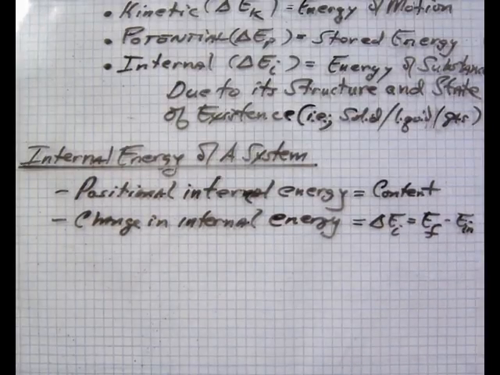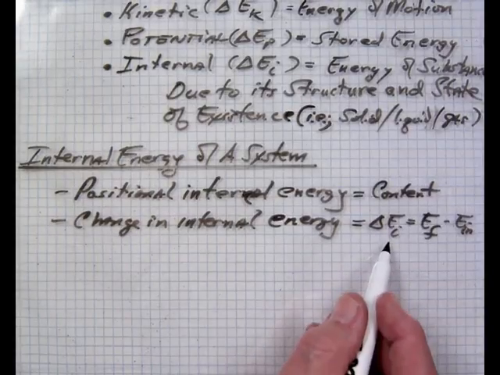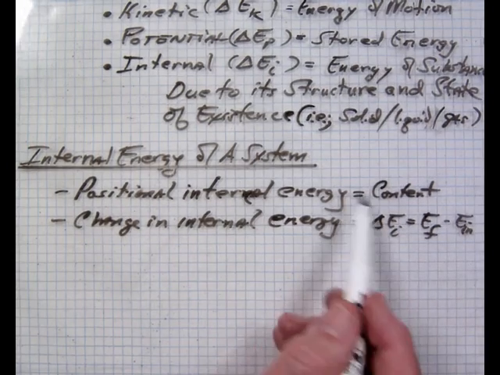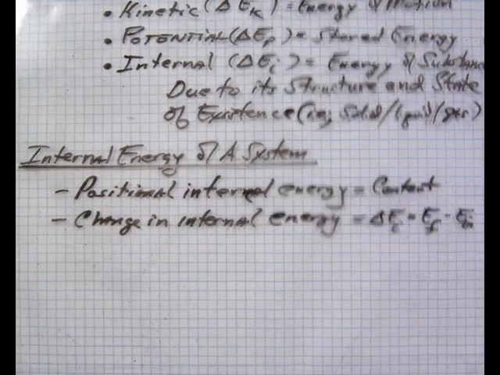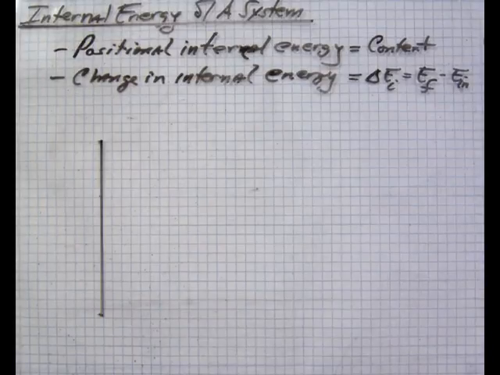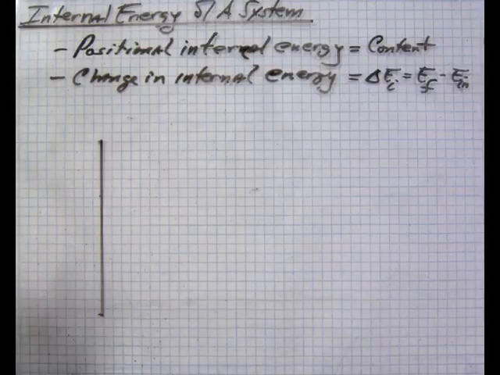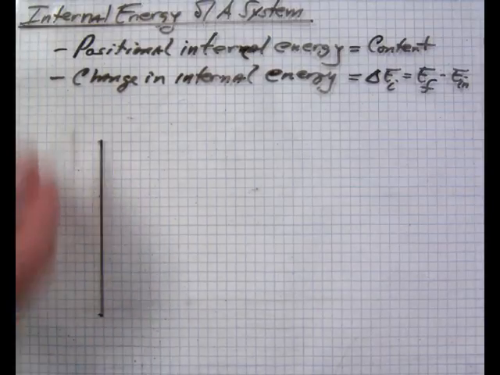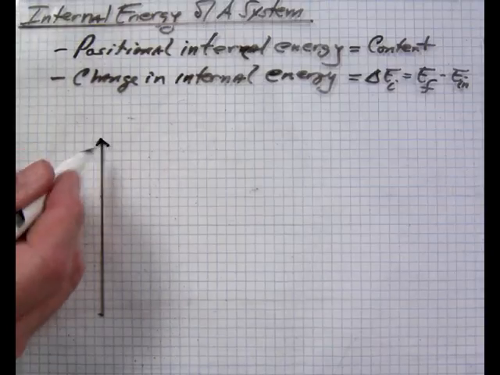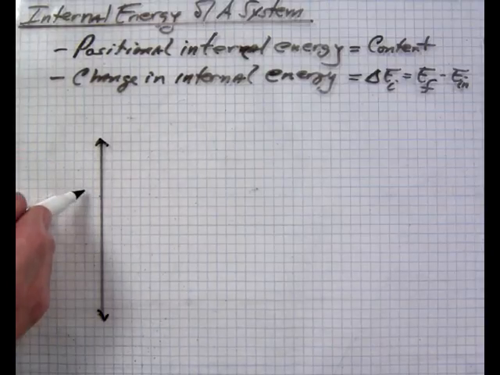So if you have the final energy number and the initial energy number, you take the difference and you've got the change in internal energy. Initial energy and final energy are the positional energies. Now, graphically, this is represented on some type of relative energy scale, going vertical, increasing, decreasing, but all of it energy.